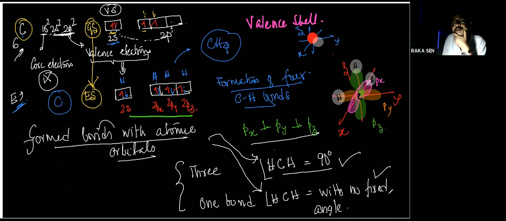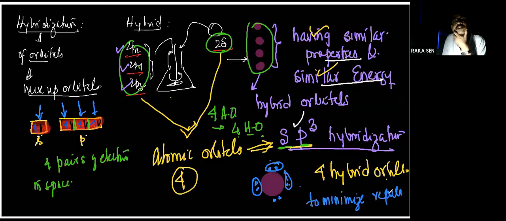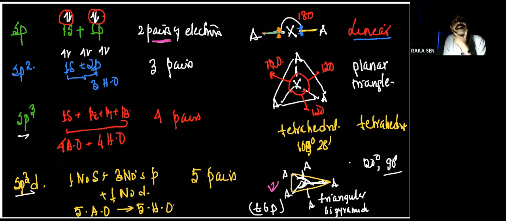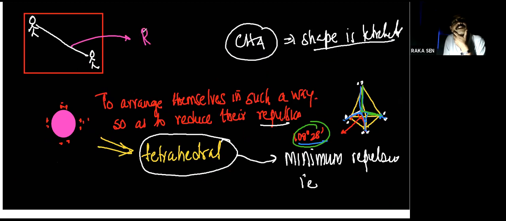How many electrons did you consider? You considered pairs of electrons. How did you arrive at this particular geometry? Repulsion.